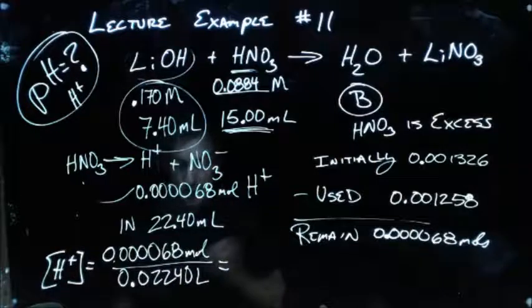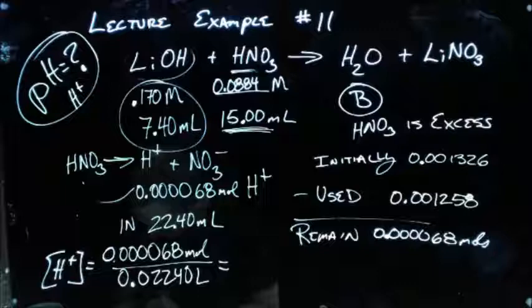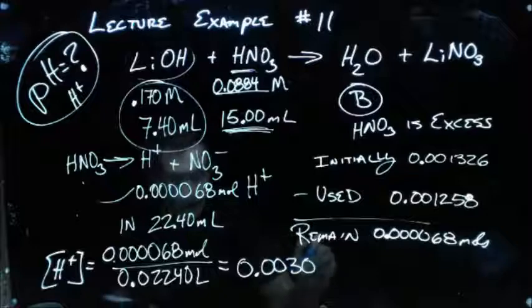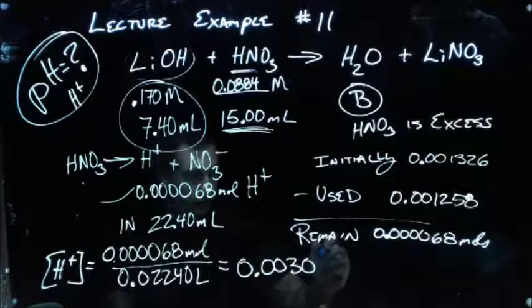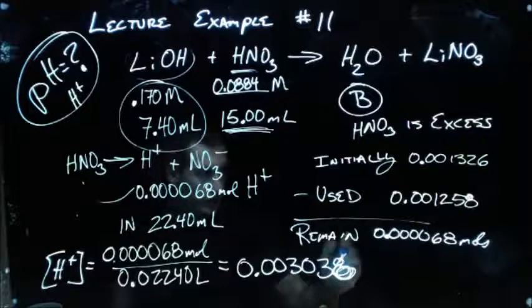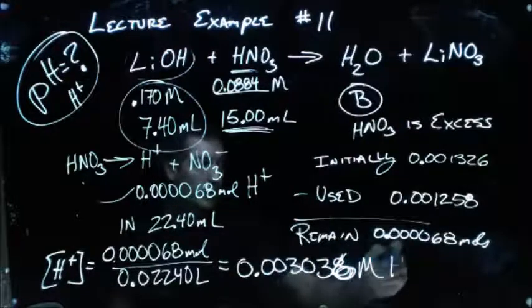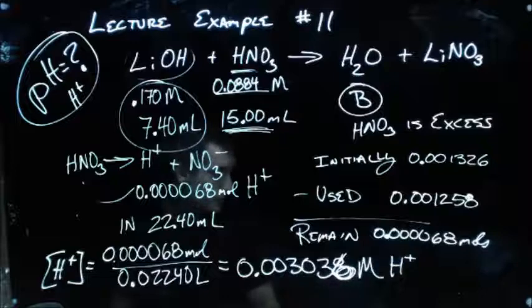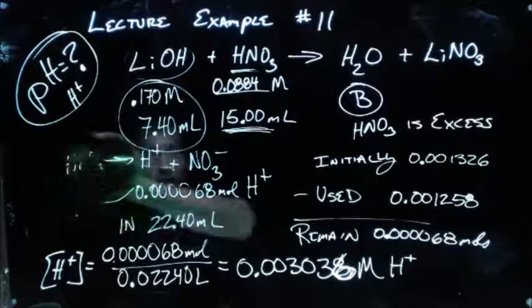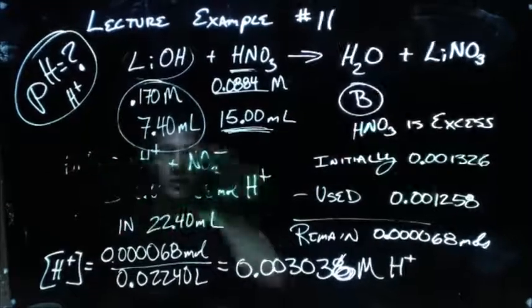And so my concentration comes out to be 0.003036 molar hydrogen ion. And to find the pH, what am I going to do? I'm going to take the negative log of that hydrogen ion concentration.